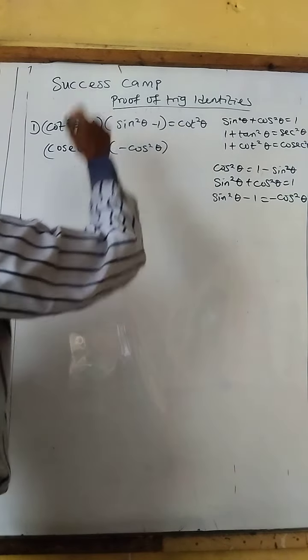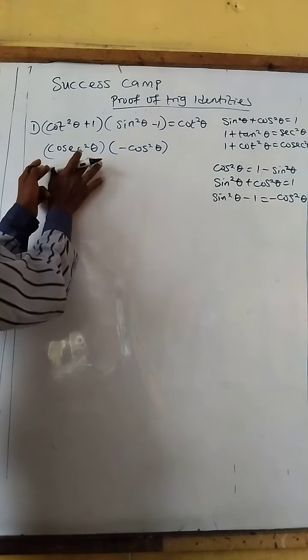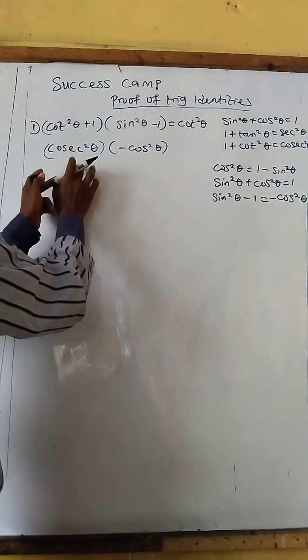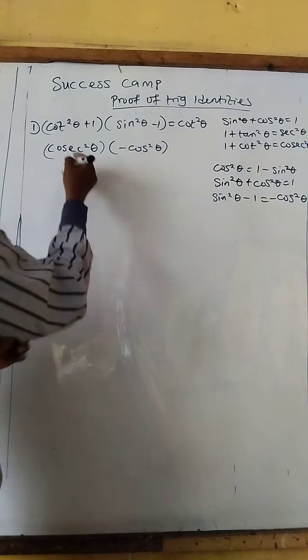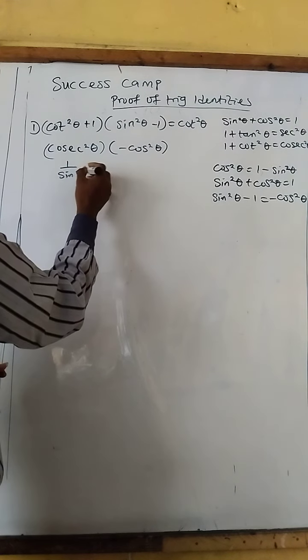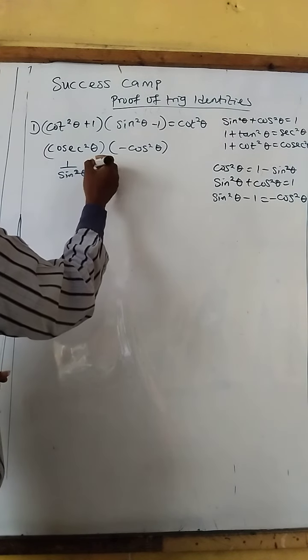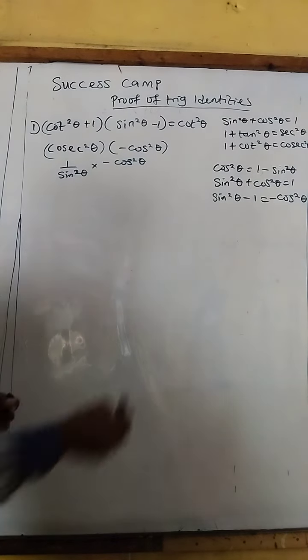We are trying to get this. This is not looking like what I want to get. So I can also change this back to another thing by saying cosec squared theta is what? It's simply 1 over sine squared theta. Yes, 1 over sine squared theta times minus cos squared theta. Right?